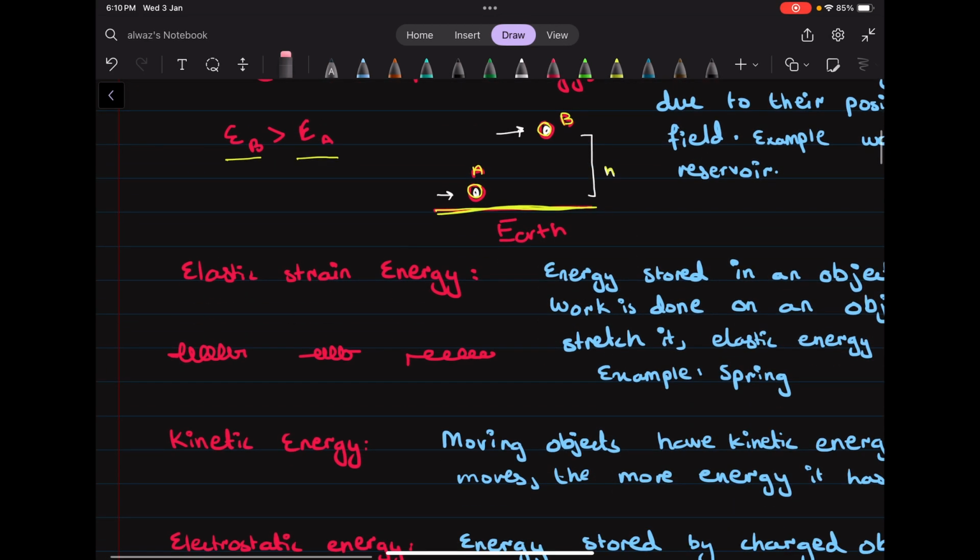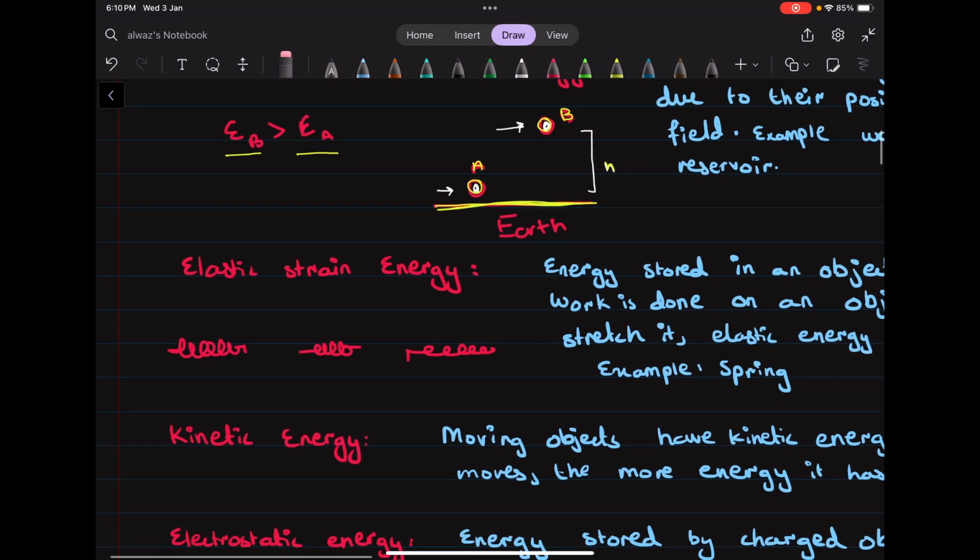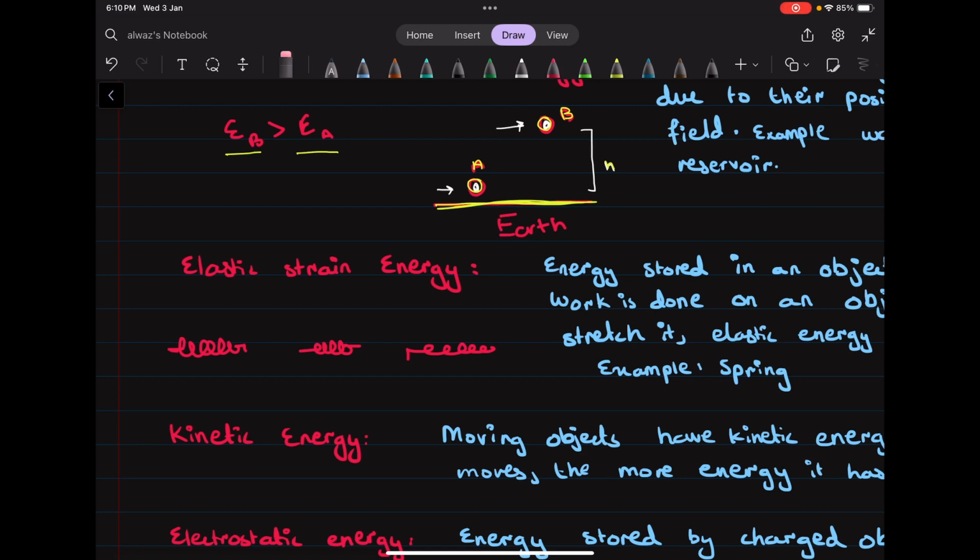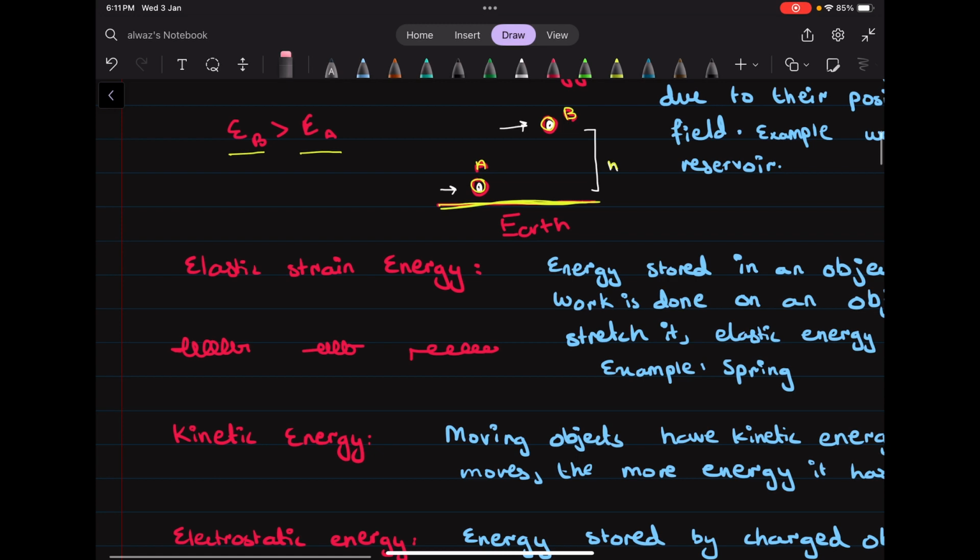So moving on, we've got elastic strain energy. This is the energy related to springs and objects that are more bendable. For example, we've got this spring here. This is just a normal, unstretched spring. But when you squeeze the spring, when you push it, the spring contracts and it becomes smaller. In this state, the contracted spring has elastic strain energy.